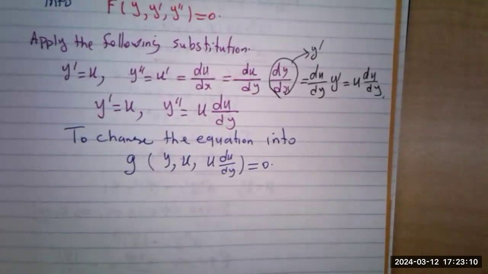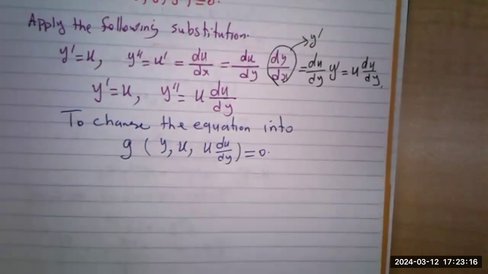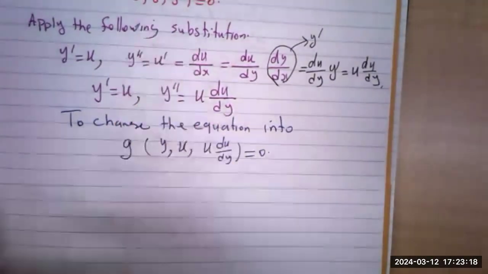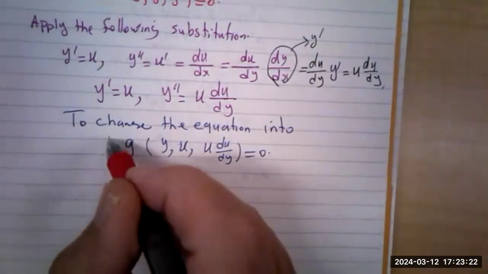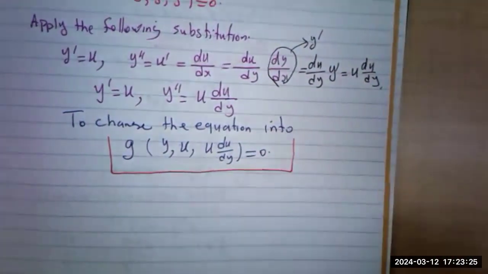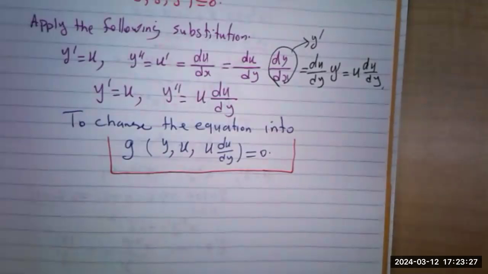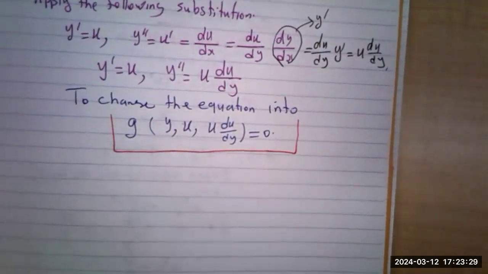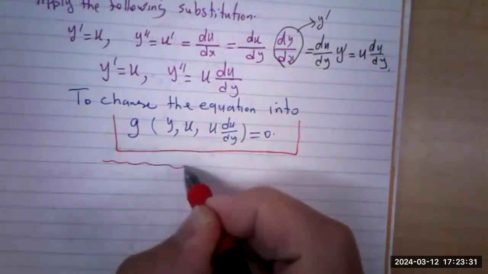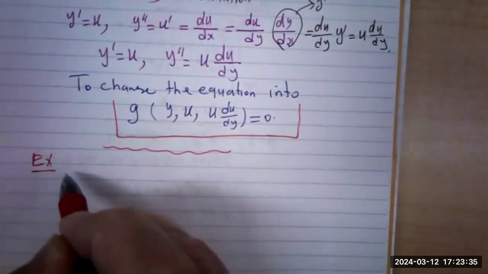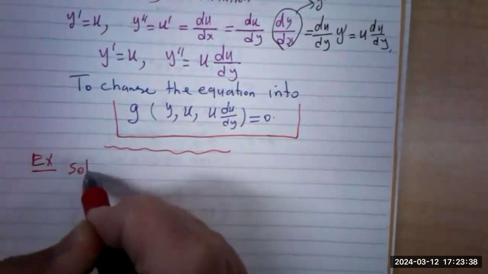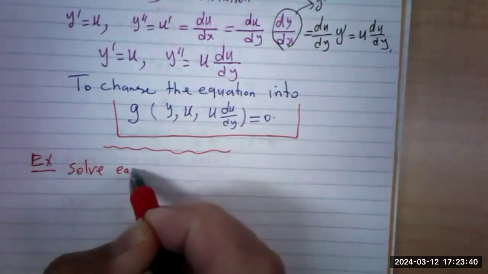It's a technical point, because you don't have x, so you cannot use y prime and y double prime directly. Just make sure you use the proper substitution. Any question? Let's do it. See, operate in action. You want to solve each equation.